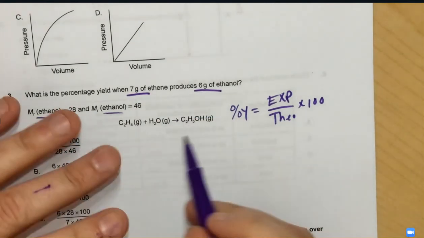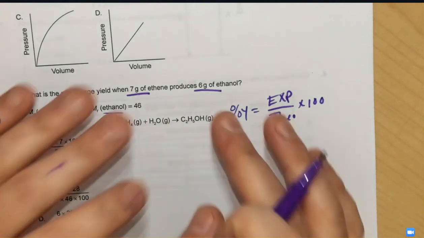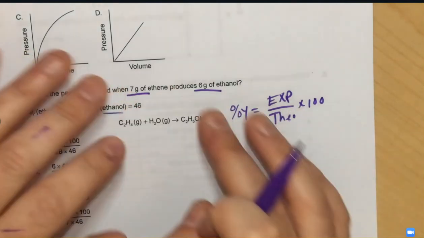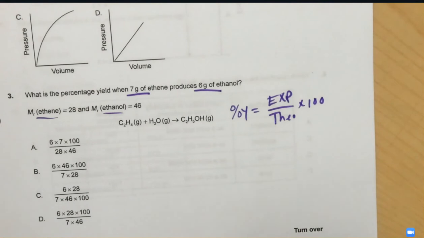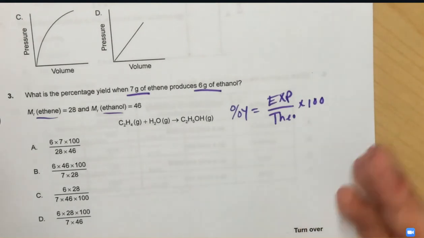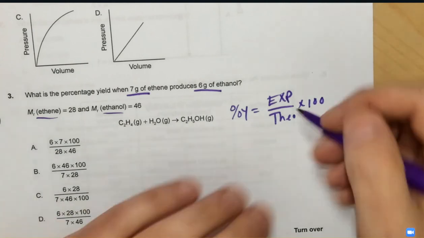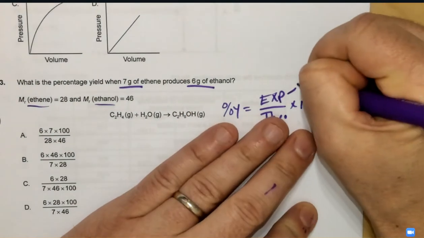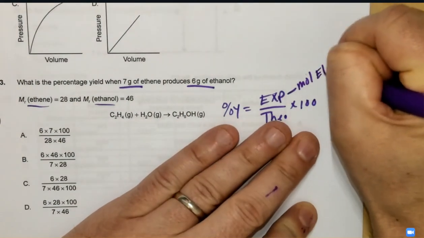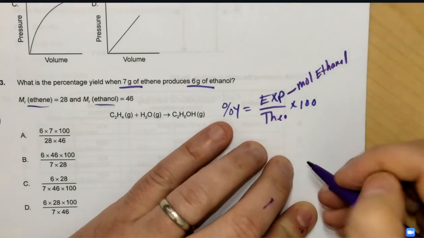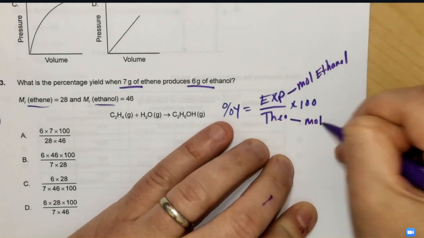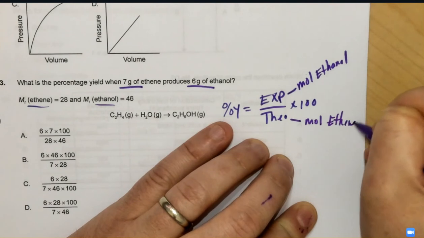Now, because each compound has a different molar mass, we can't compare the number of grams for our experimental or theoretical, so we have to convert to moles. So when we convert to moles, we divide by the molar mass. That means my experimental yield will be moles of ethanol, and my theoretical yield will be moles of ethene.